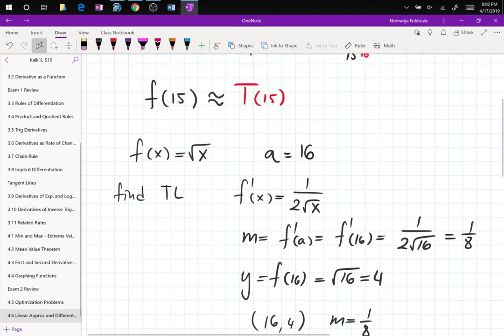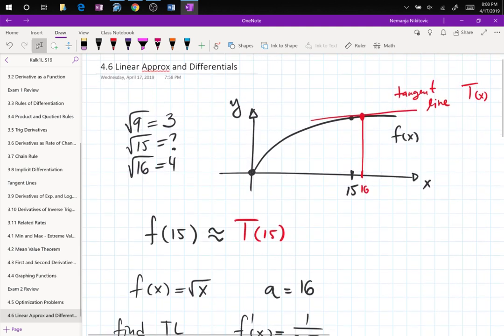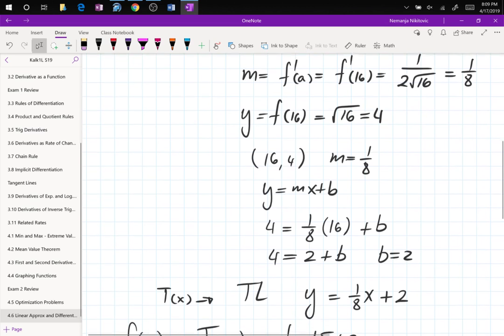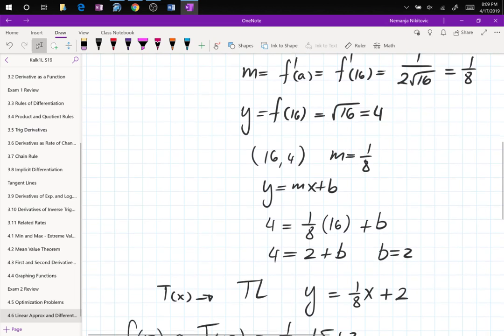So what have I done? I was interested in square root of 15, and then instead of computing square root of 15, we computed the tangent line at 16 because that was easy. And then we calculated 15 in the tangent line rather than the original function. Now it's very important to use the closest possible value that it's easy to compute.